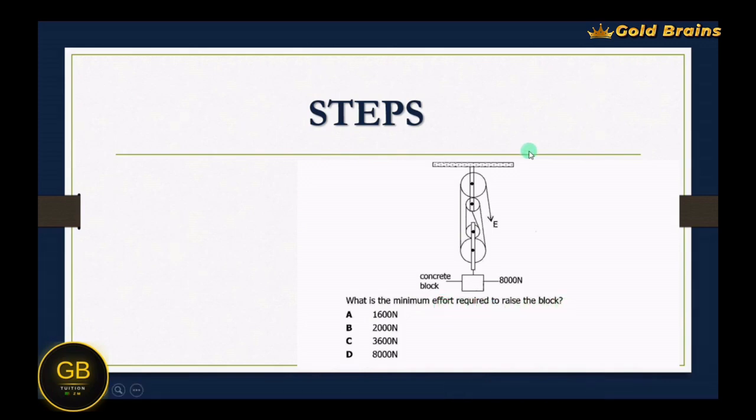Alright, so to get the answer correct, this is what to do. The very first thing to remember is that for us to find the minimum effort required, we must use a formula which has an effort and the load, just like we've been given here.